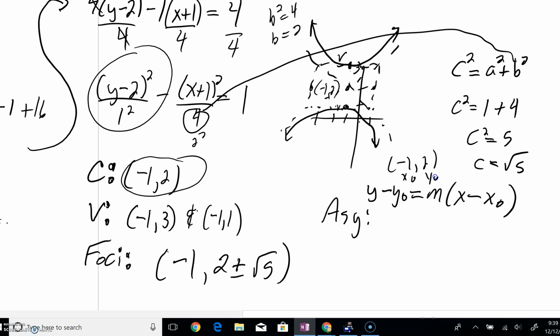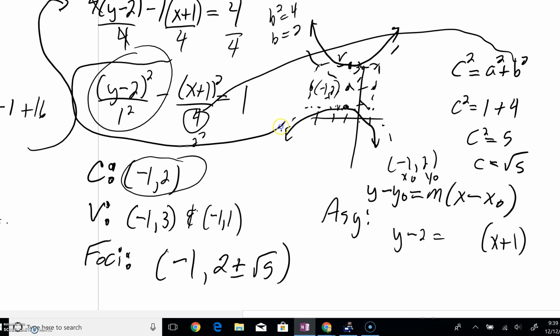That's your x naught and y naught. So I could say I'll have y minus 2, and over here I'll have x minus -1. What so many kids will point out is it's like your centered form of your hyperbola. You get those parentheses showing up again.